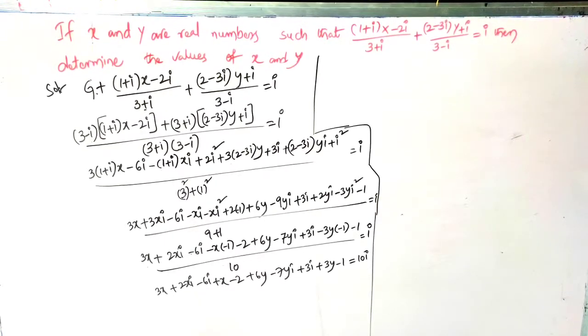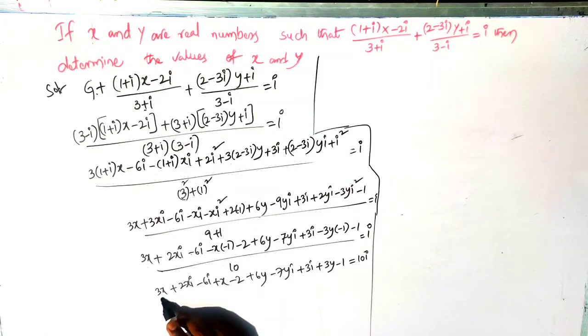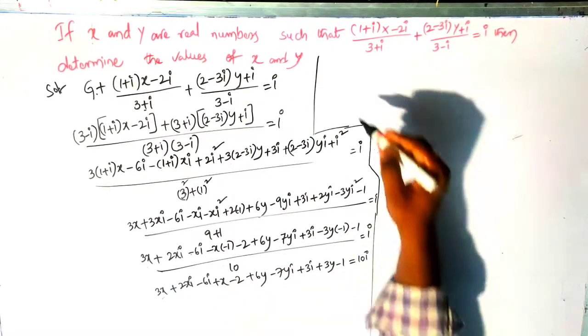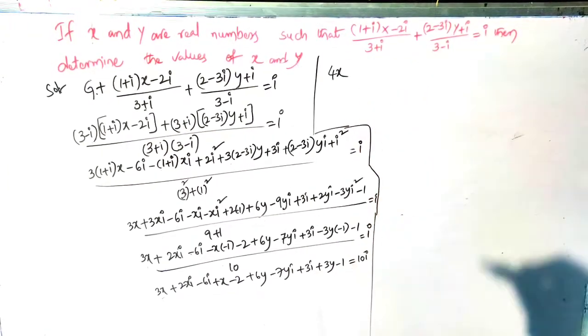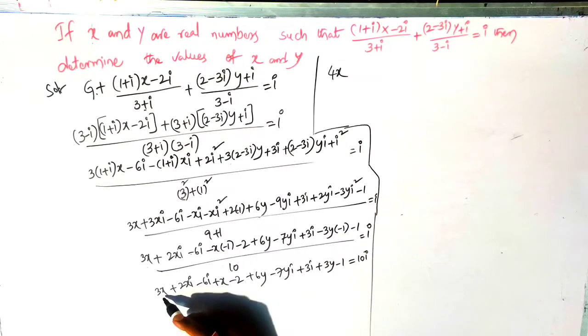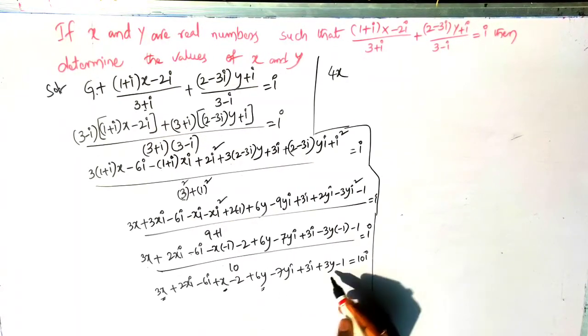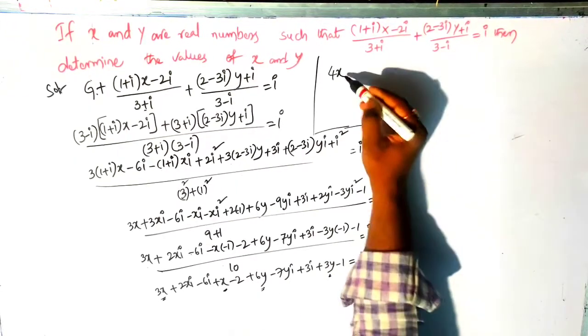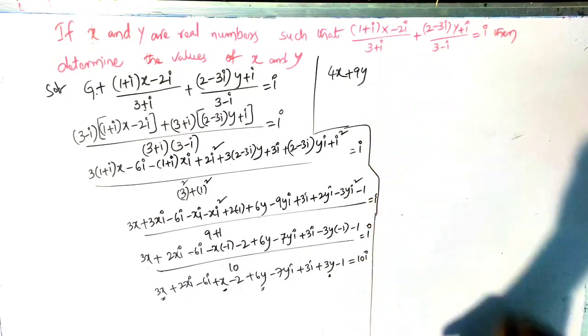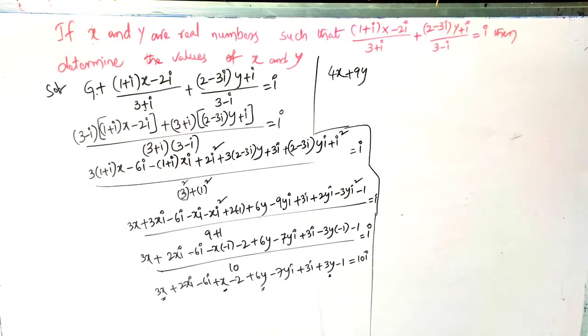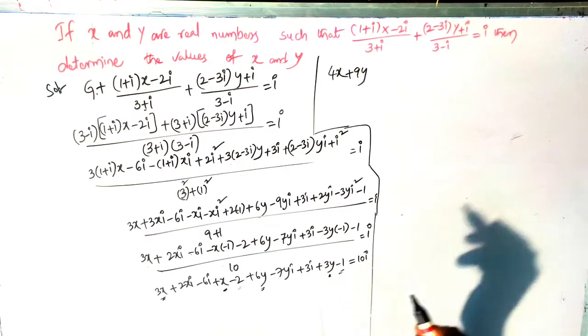Okay, now first of all we write here real parts. 3x plus x, 4x. Next y, 6y only plus 3y, 9y. Okay, next constant values, minus 2, minus 1, minus 3.